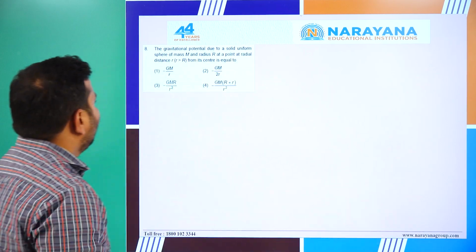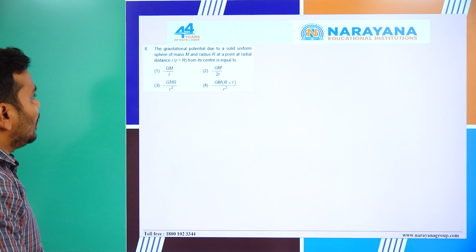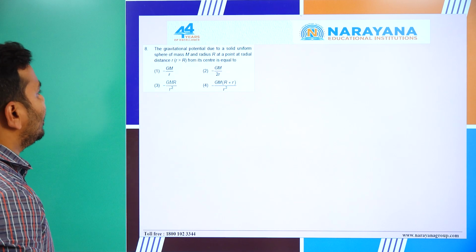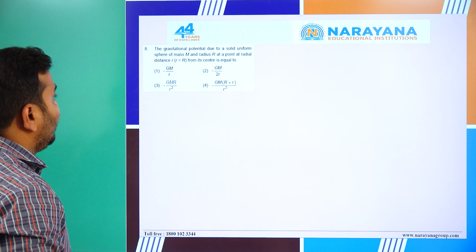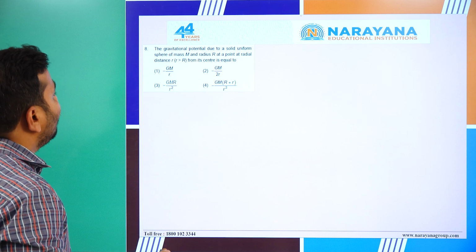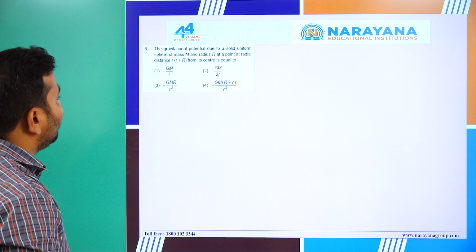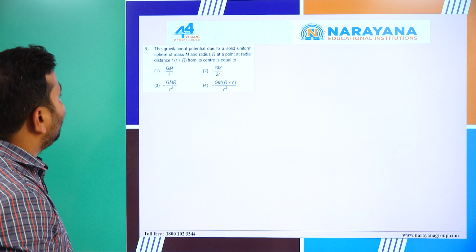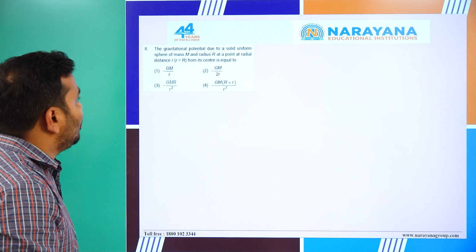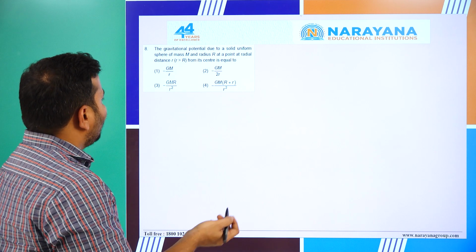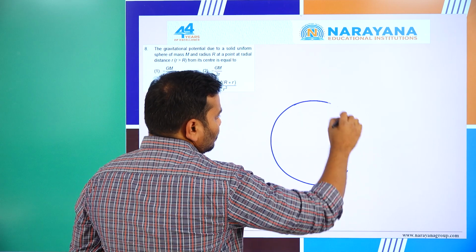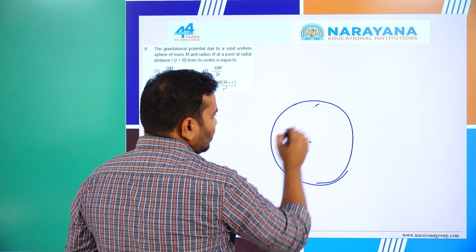The next question is, the gravitational potential due to a solid uniform sphere of mass capital M and radius capital R at a point at radial distance r from the center, greater than capital R, is equal to gravitational potential due to uniform solid sphere. They are asking simply the potential for a solid sphere.